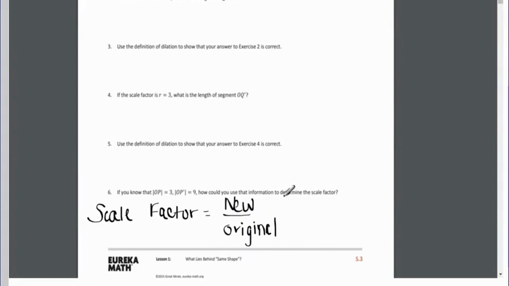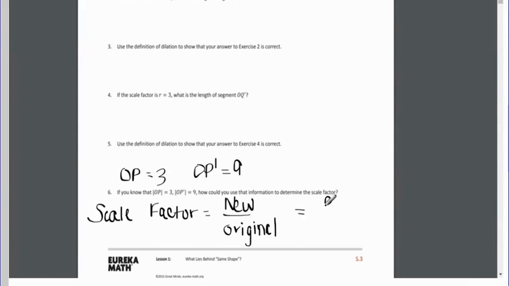That has to do with those little primes that we talked about. The first one, it just said OP equals 3. That's the original, because do you see how OP does not have any little primes, or like they look like little apostrophes next to them? It doesn't have any of that. So the one that doesn't is the original, and then the other one, this one has a prime. They said it's 9. That's considered the new.